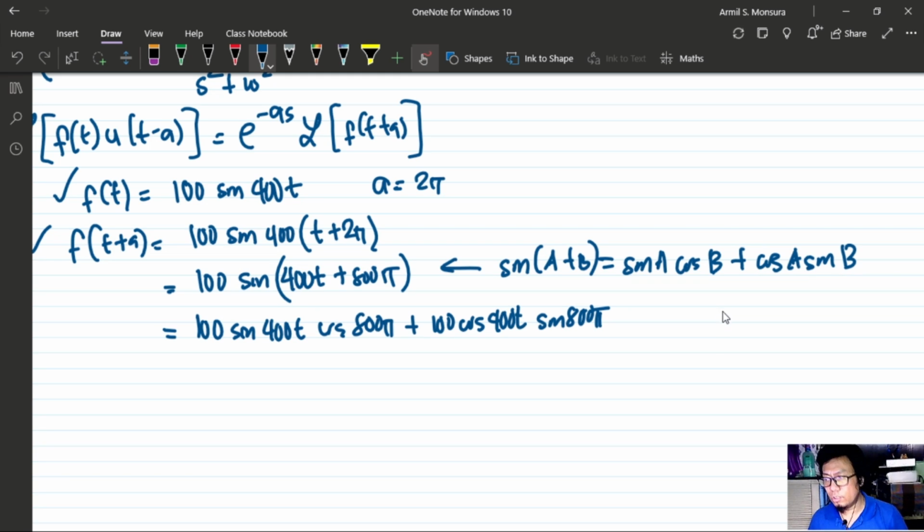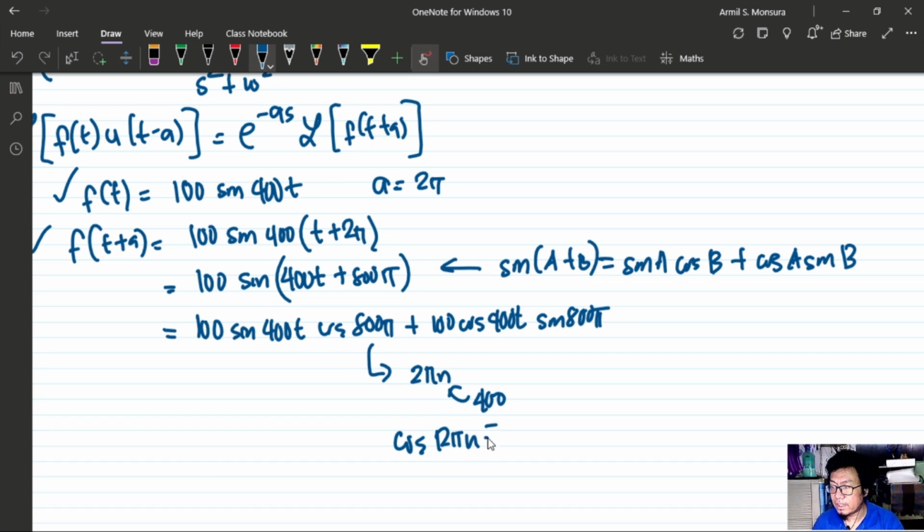In that case, if we take a look at cosine of 800 pi, that basically translates to 1, because 800 pi is a multiple of 2 pi, 2 pi times n, where n here is 400. So therefore, it is a multiple of 2 pi.